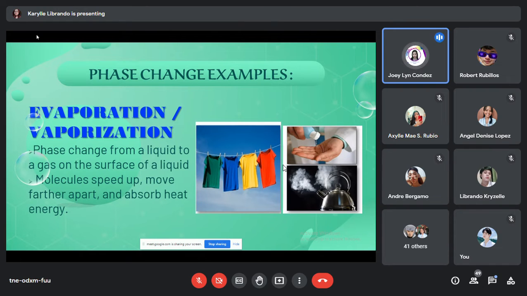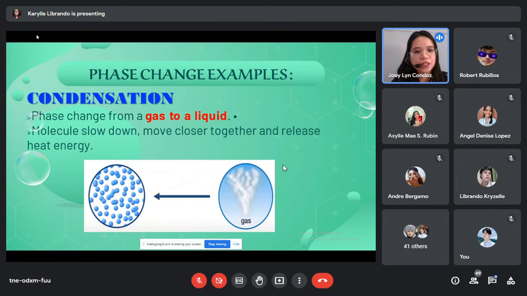The liquid, which is the water, changes into water vapor. Another example, we also have alcohol or boiling of water. So these are common examples of evaporation or vaporization. All right, so let's have the next phase change. We have condensation.